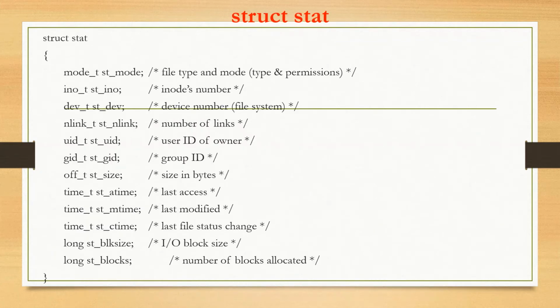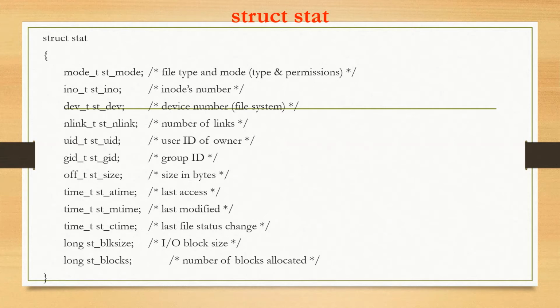Here we discuss the variables available in the structure stat. struct is obviously the keyword, and then stat is the name of the structure, and we declare different types of variables within that structure. First one, the file system ID, is defined first with the variable st_dev.